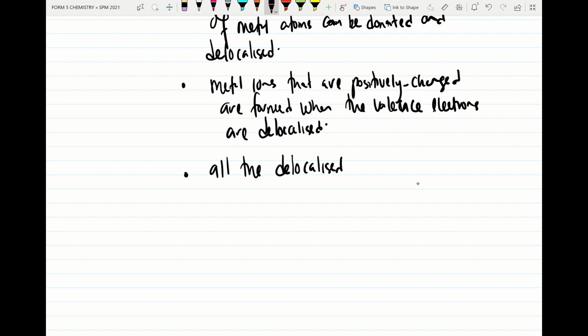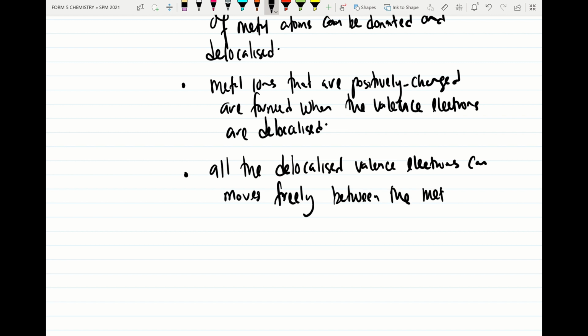All the delocalized valence electrons can move freely between the metal structure that forms in solid state and form a sea of electrons.